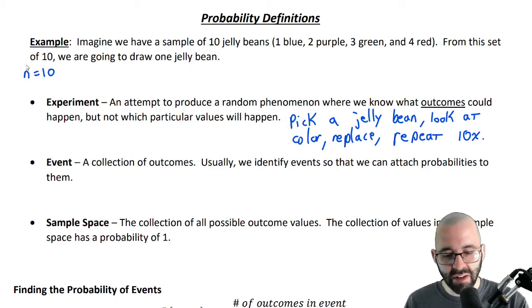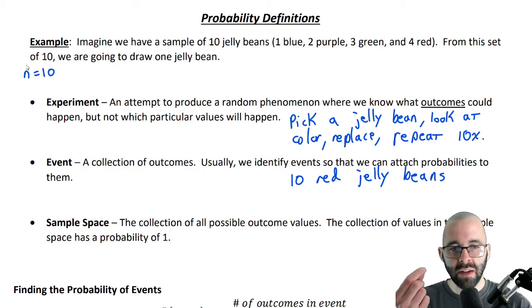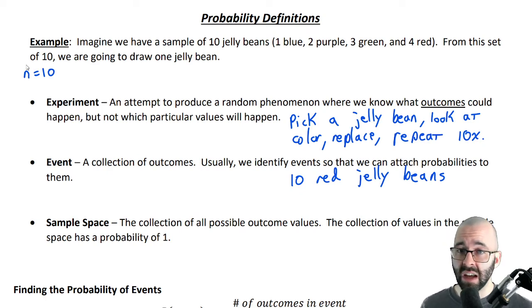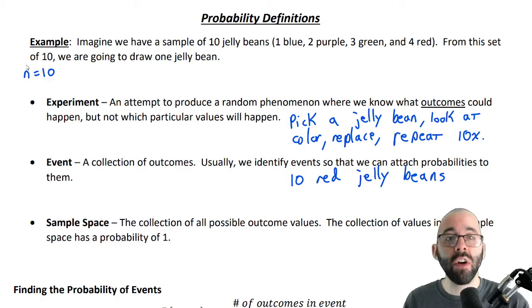One example of an event for this experiment could be 10 red jelly beans. Maybe every time we pick a jelly bean and put it back, it's always red. It's pretty unlikely that this is the case, but this is an example of an event. There are a lot of events here.